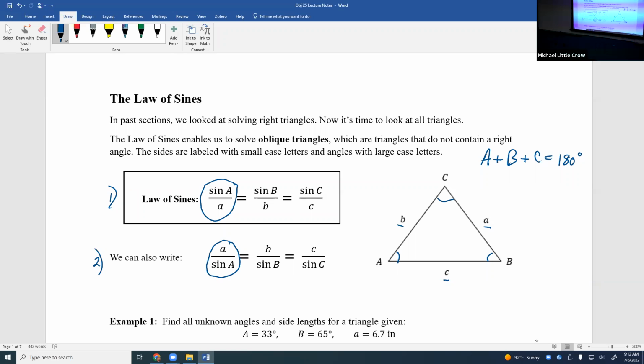And what we need to be able to use the law of sines is an angle and the side opposite that angle. We could have other information, but at a minimum, we need an angle and side opposite.